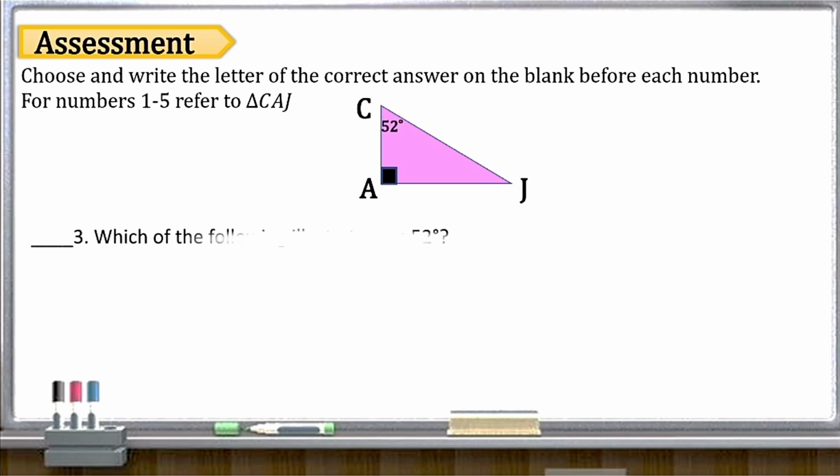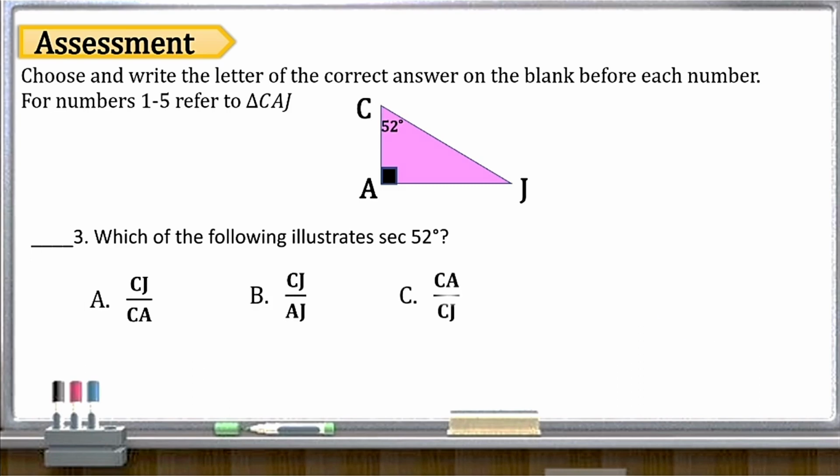For number 3, which of the following illustrate secant 52 degree? So letter A, CJ over CA. Letter B, CJ over AJ. Letter C, CA over CJ. And letter D, CA over AJ.